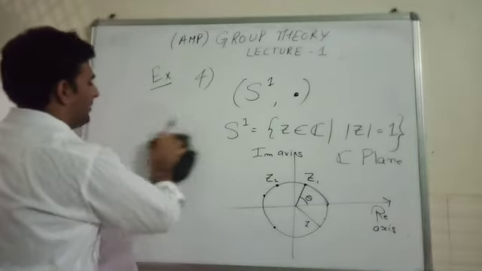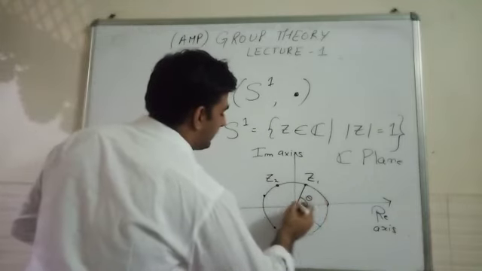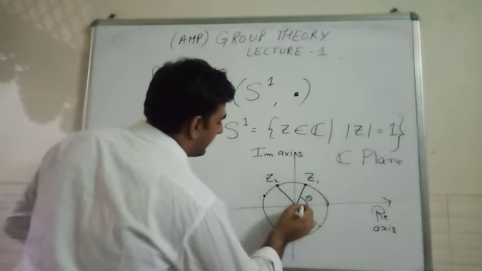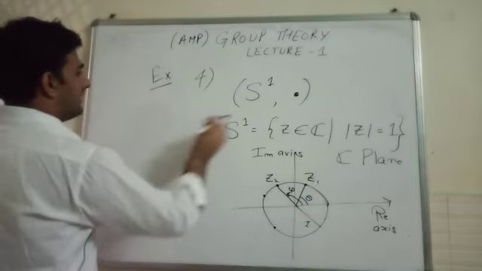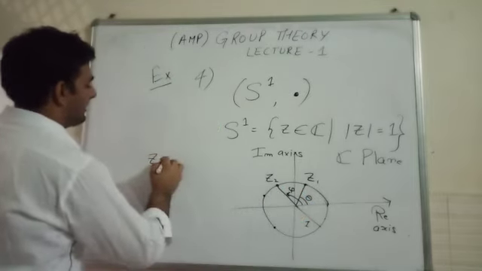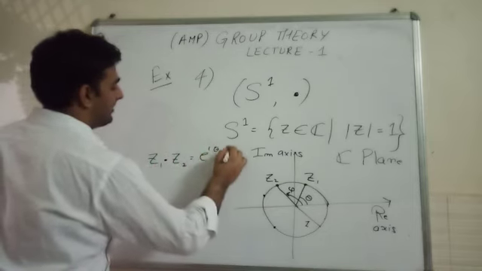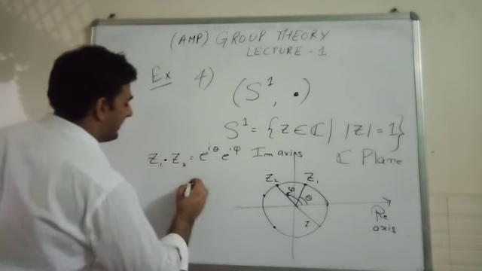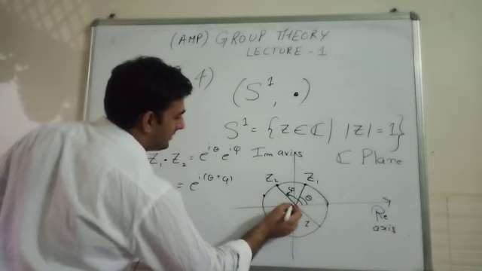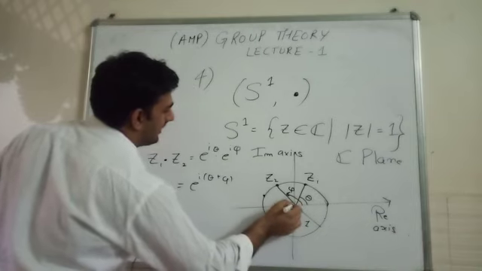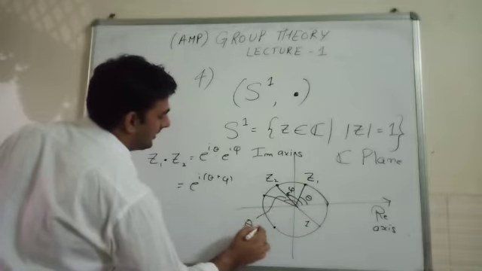Let's see if it is a group or not. Let this angle be theta and let this be phi. Let's multiply them. Z1 times Z2 is equal to e to the I theta times e to the I phi, and this will be e to the I theta plus phi, which lies somewhere here.